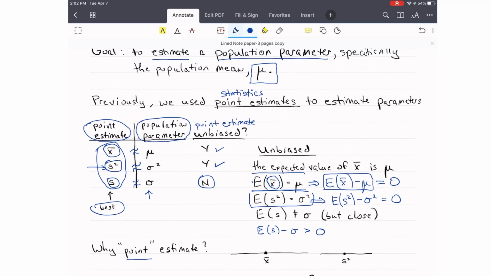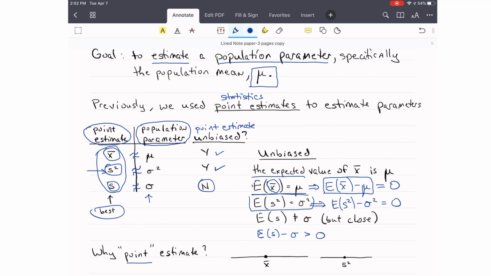It's a point estimate because it's one value. X bar is a number, a single number. So if I plot it on the number line, then there's just going to be one point. Same thing with S squared. It's just one number. And so if you plot it, it's just one point. So that's why they're called point estimates.